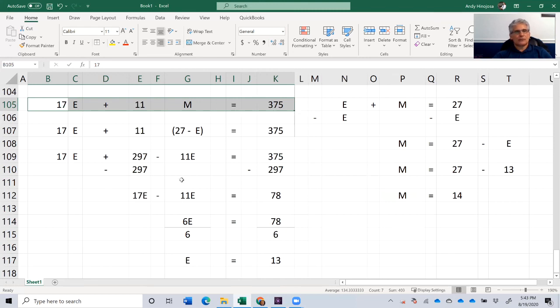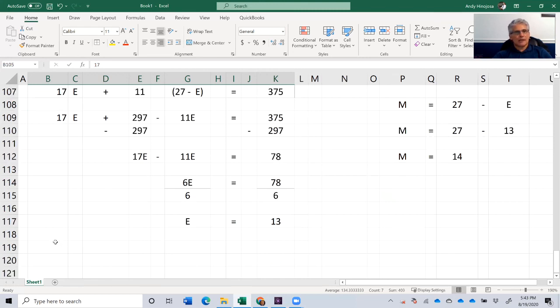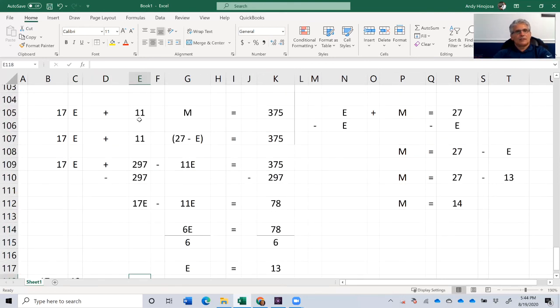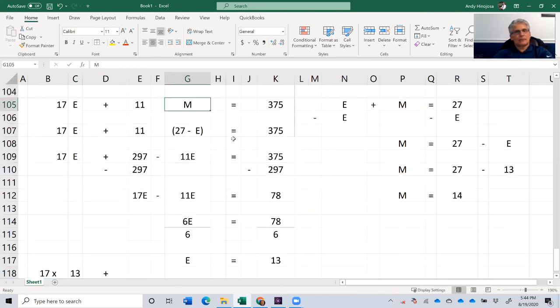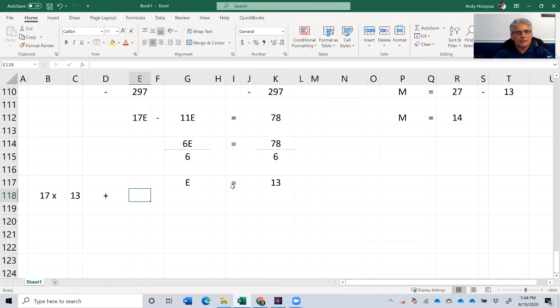So $17 multiplied by, so 17E, which is times 13, plus 11 times the number of M's. It was $11 each, and that was going to be multiplied by 14.